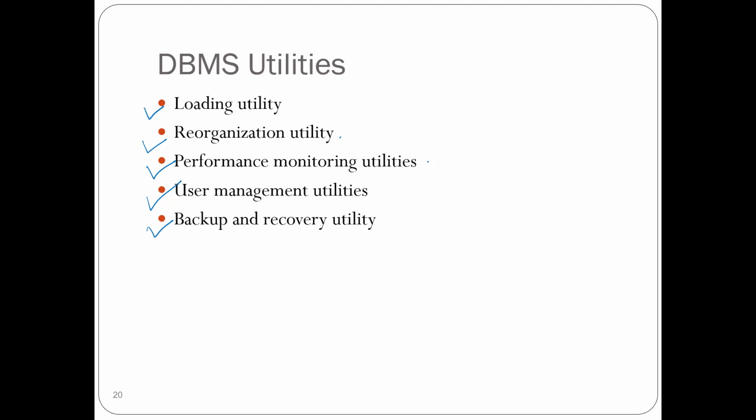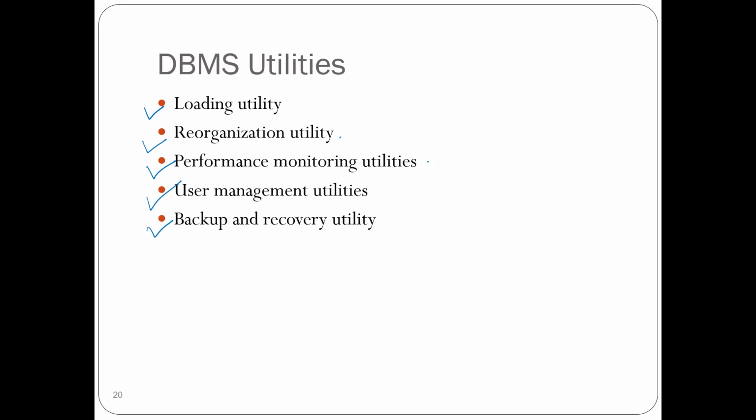Now, performance monitoring utilities are used by the DBA to monitor the performance of the database in terms of the response time, the throughput, like how many transactions are happening per unit time, and also the storage utilization.